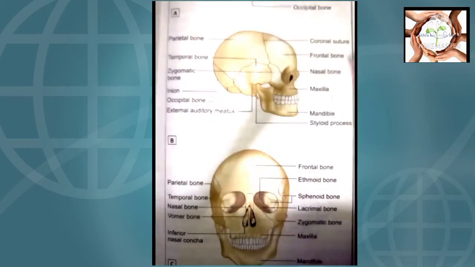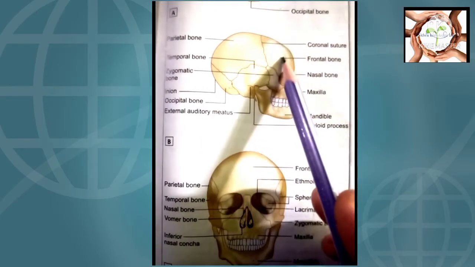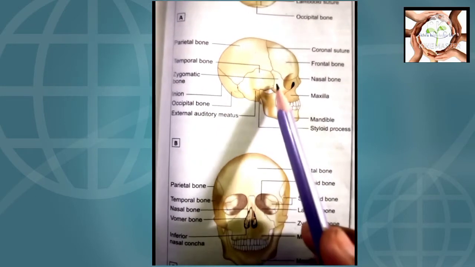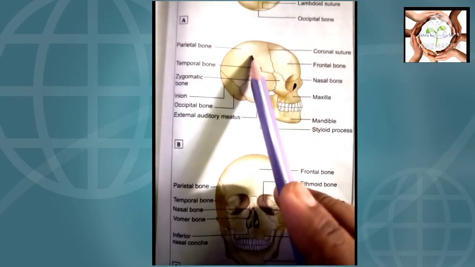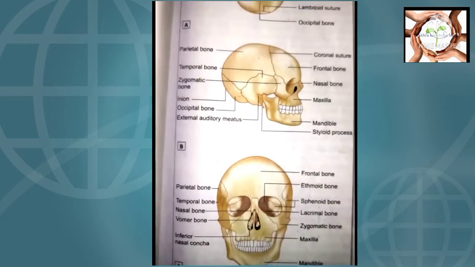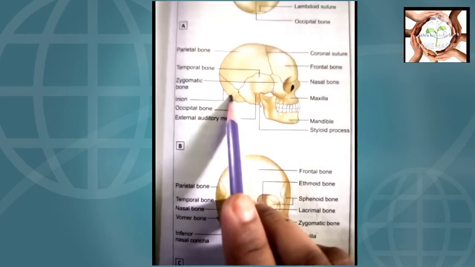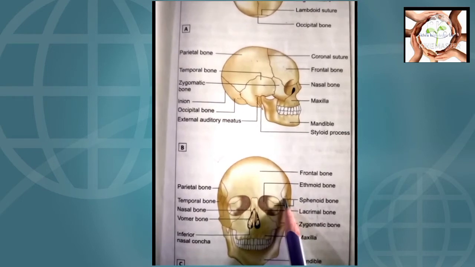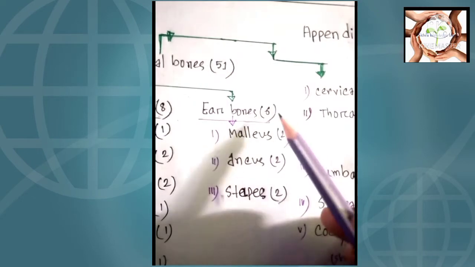In the figure, this is the frontal bone, temporal, zygomatic, parietal, occipital, ethmoid and sphenoid.